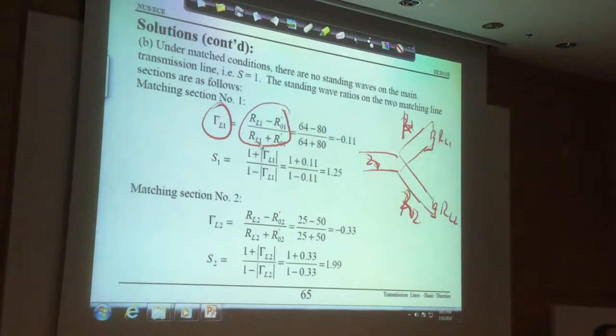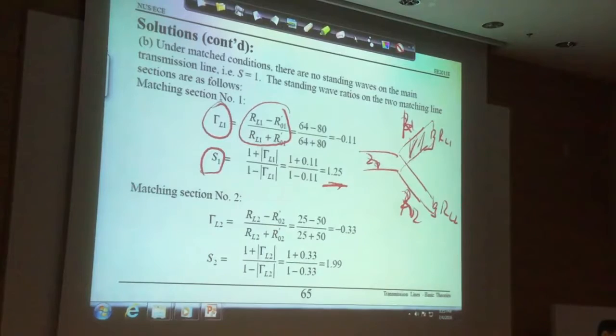Then the standing wave ratio is this value. Although it is matched, actually in each stub there is a standing wave, since we have incident and reflected waves. Similarly for this other section, the SWR is also not equal to 1, right?